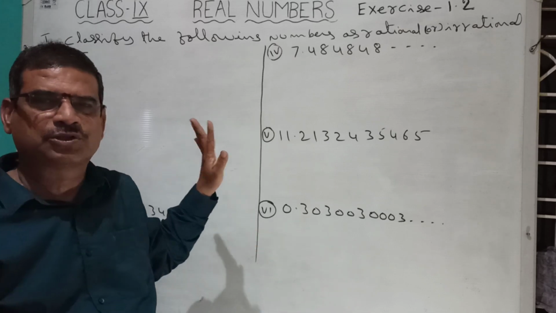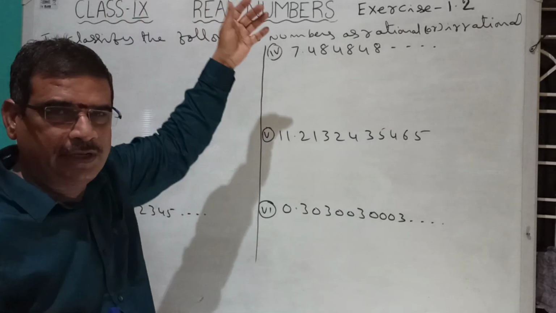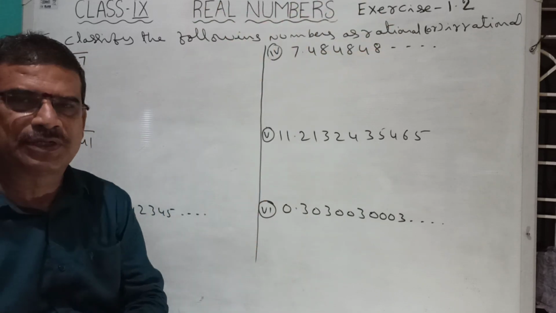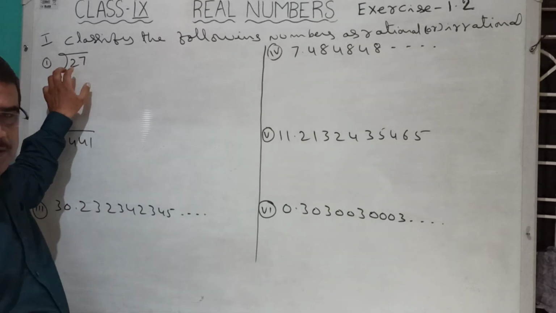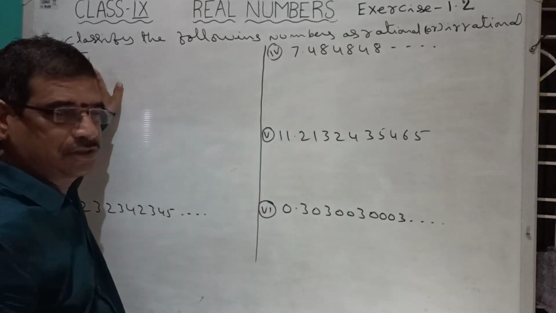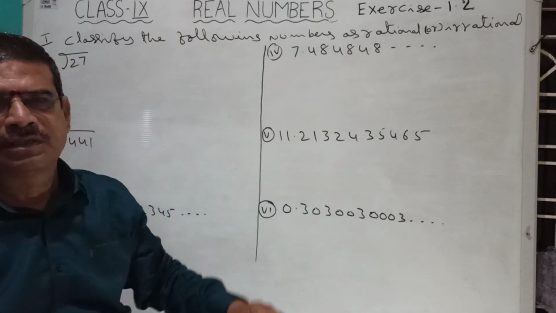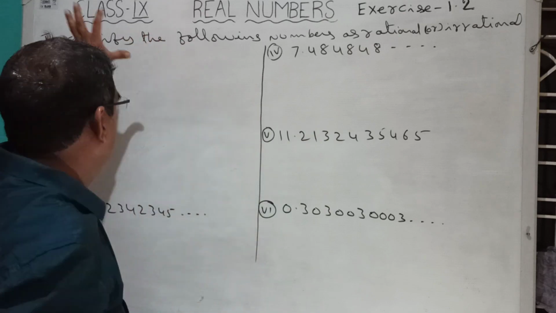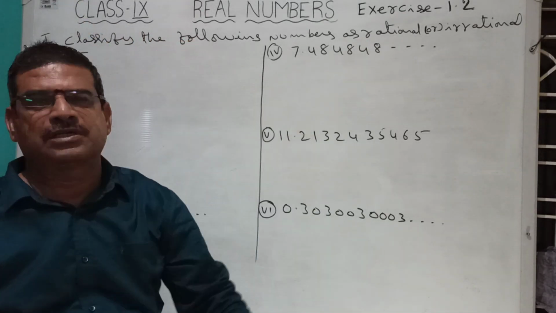Remember this, one of the most important points. If the given number inside is connected to prime numbers and the exponent has a fraction, we say that number is irrational.